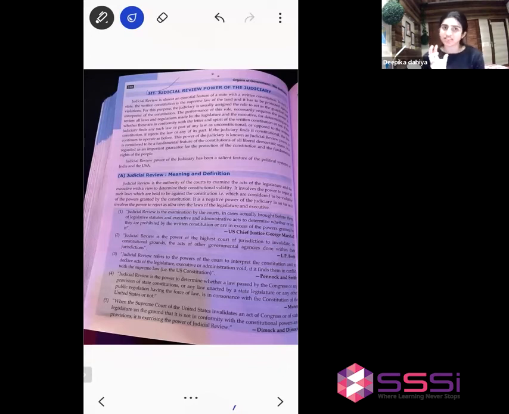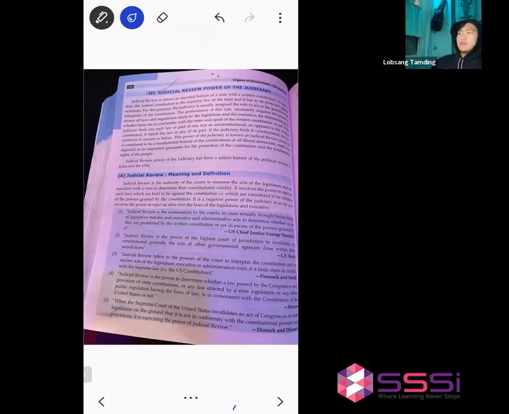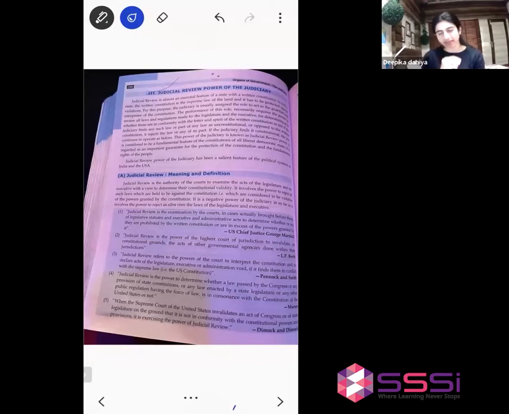We call this power of the judiciary judicial review. Second is, if let's say parliament is coming up with a law, the judiciary has all the rights to check whether this law is in alignment with the constitution or not. That is also known as judicial review.